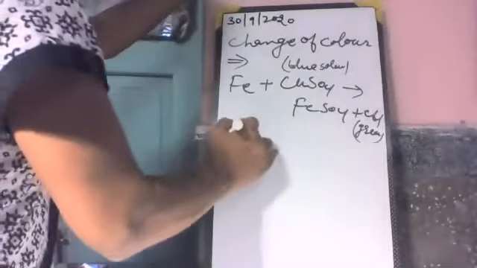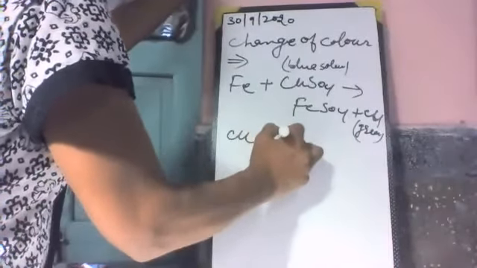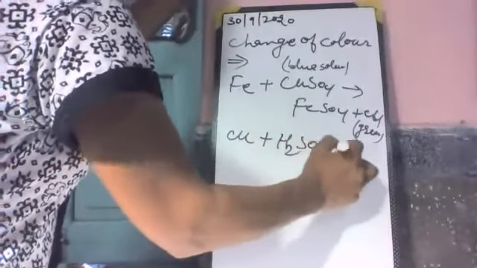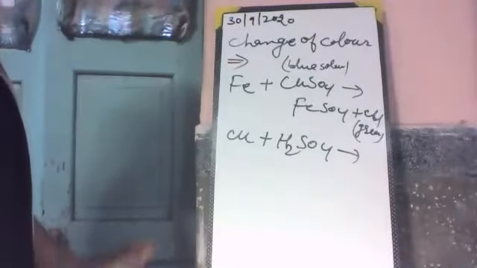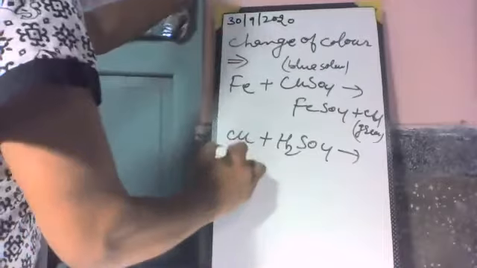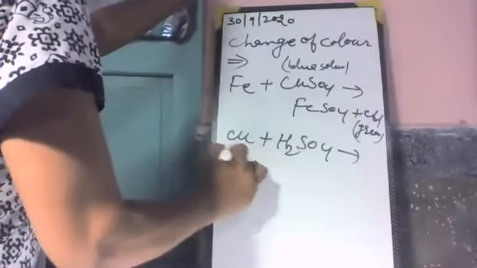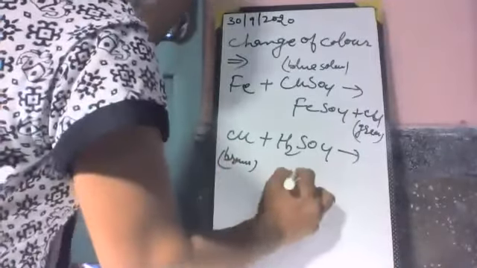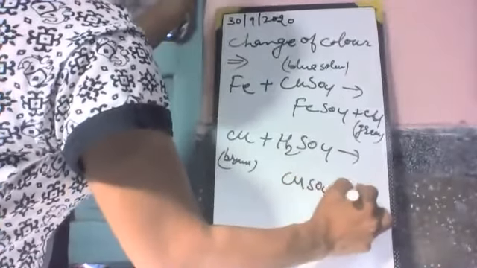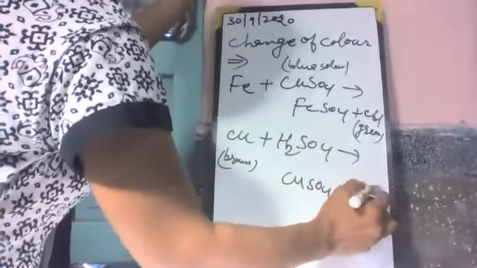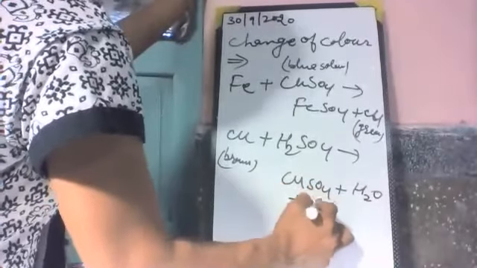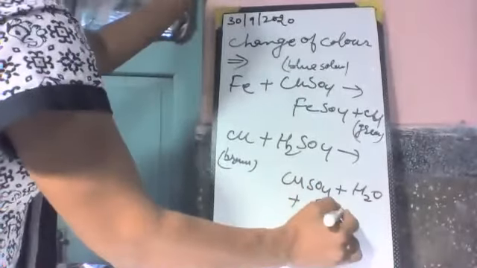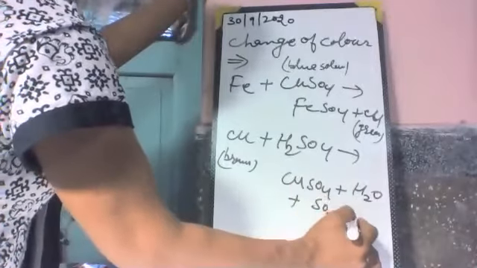When concentrated sulfuric acid, H2SO4, is added to a piece of copper, copper, which is brown in color, reacts with the concentrated sulfuric acid, making copper sulfate, H2O and SO2, and this SO2 is a gas.